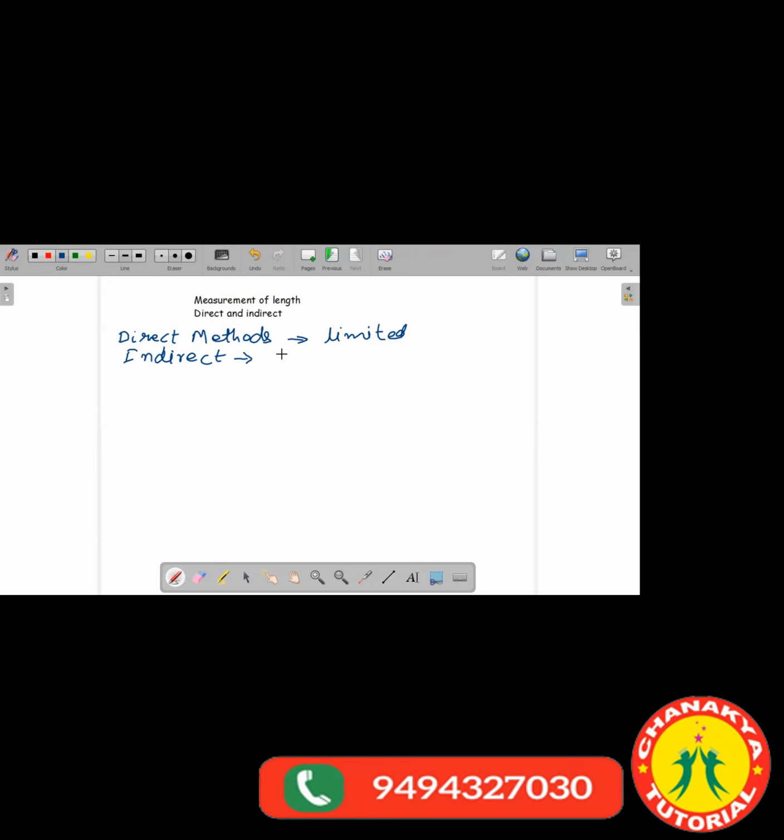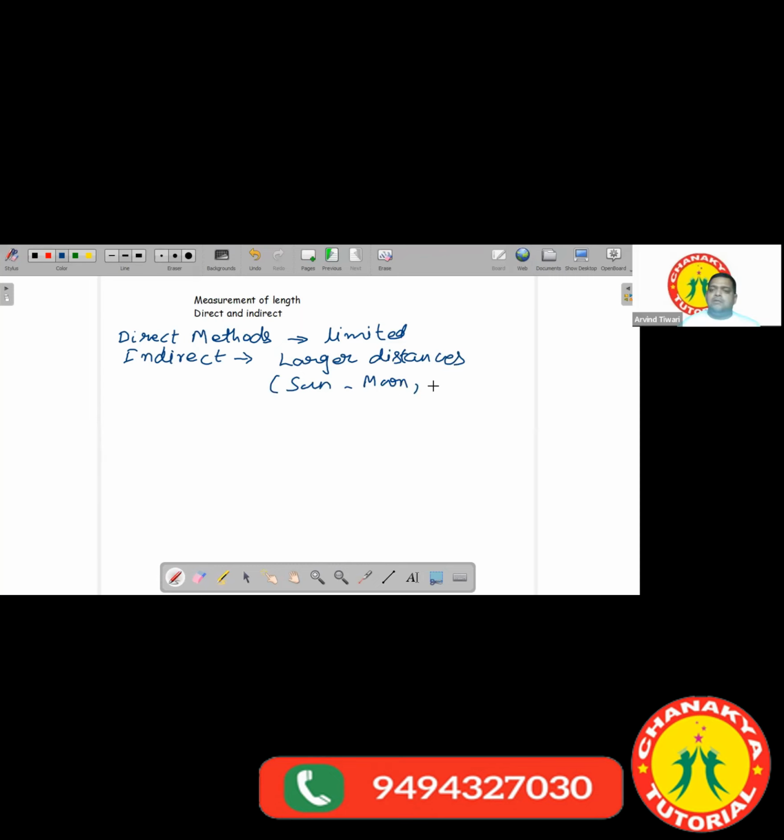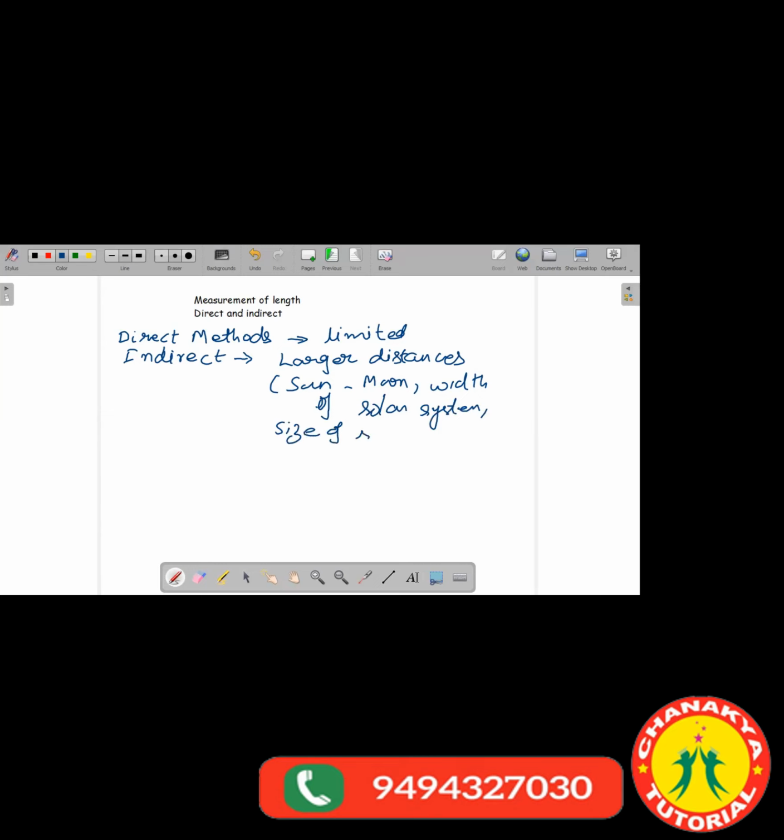So indirect methods are used for larger distances, for example, sun and moon, the width of the solar system, the size of the sun.